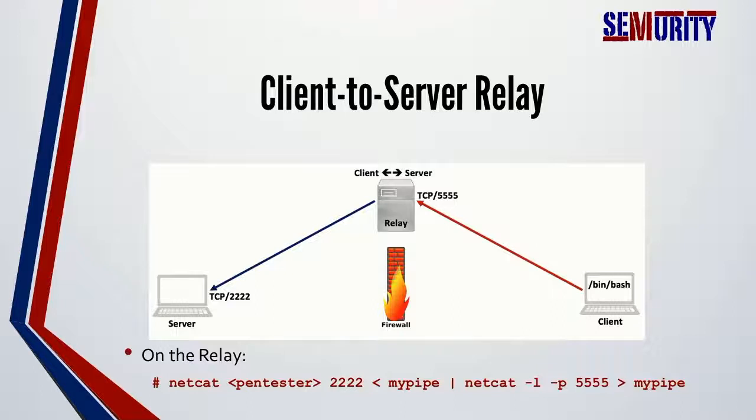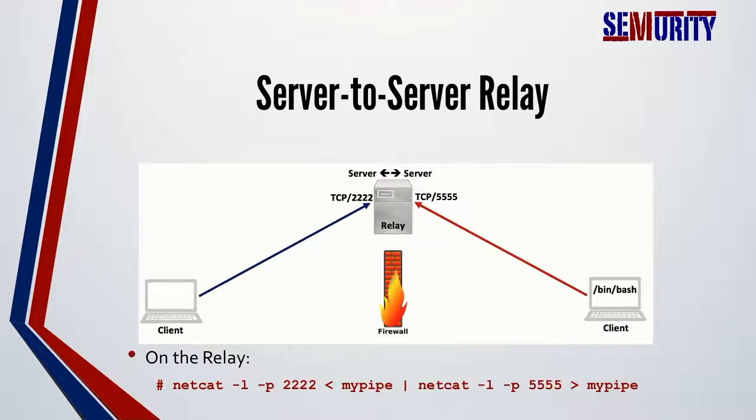The third type of a relay is server to server relay, and this is a weird relay somehow. It's a weird relay, but it's a relay that works nonetheless. And the beautiful thing about this relay is the two instances of netcat are going to be in a server mode.